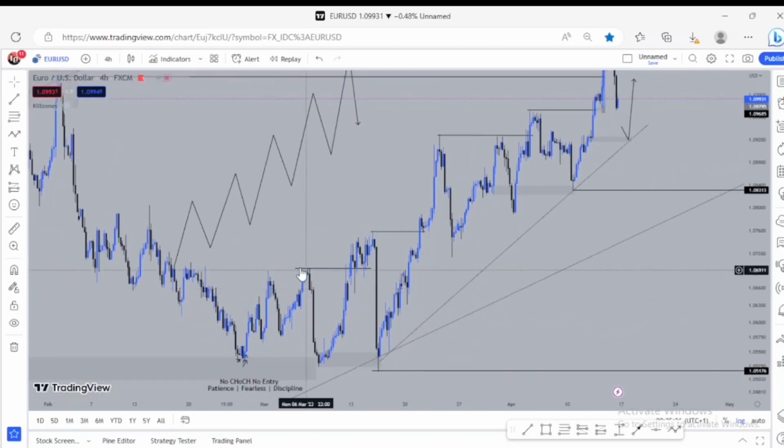You can see that where I drew this is a high, this is a high, and this is also a high. So you see that once the market breaks a high, it returns. Understand? Once it returns, it touches your trend line as a confluence or your supply zone as a confluence, and then goes up.